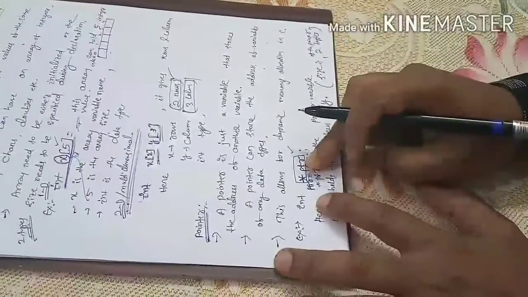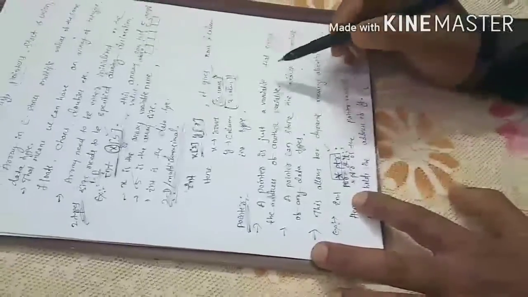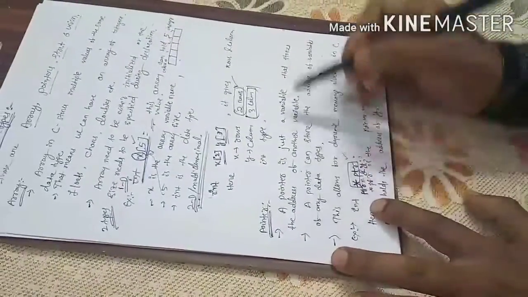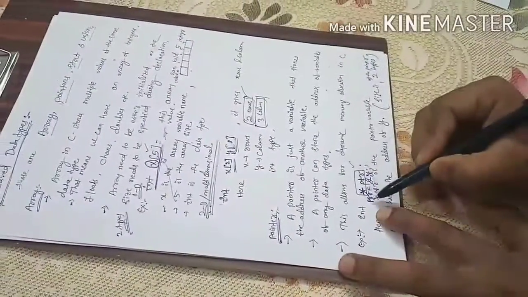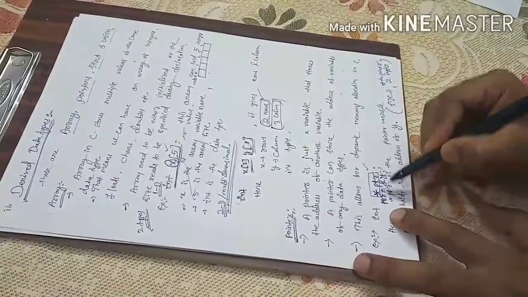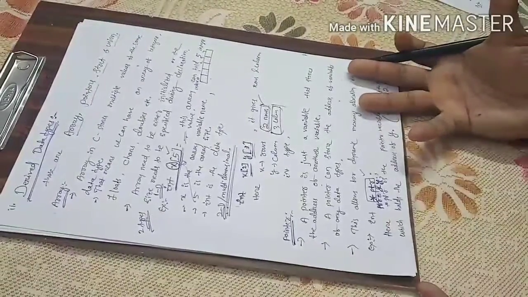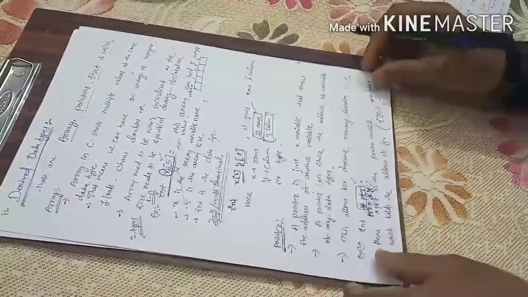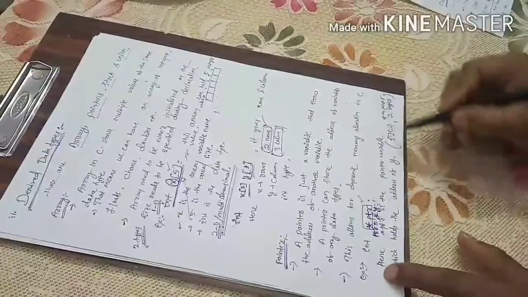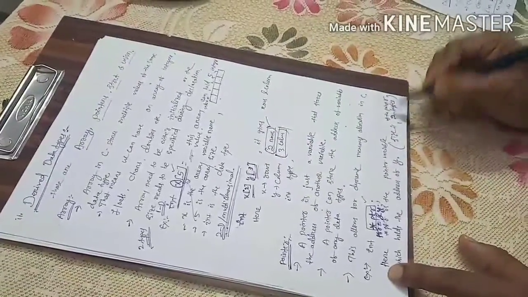In the definition we saw, a pointer variable can store the address of another variable. So here ptr is the pointer variable which will store the address of y. So that's what a pointer is. And one more thing, the size of the pointer is always 2 bytes.